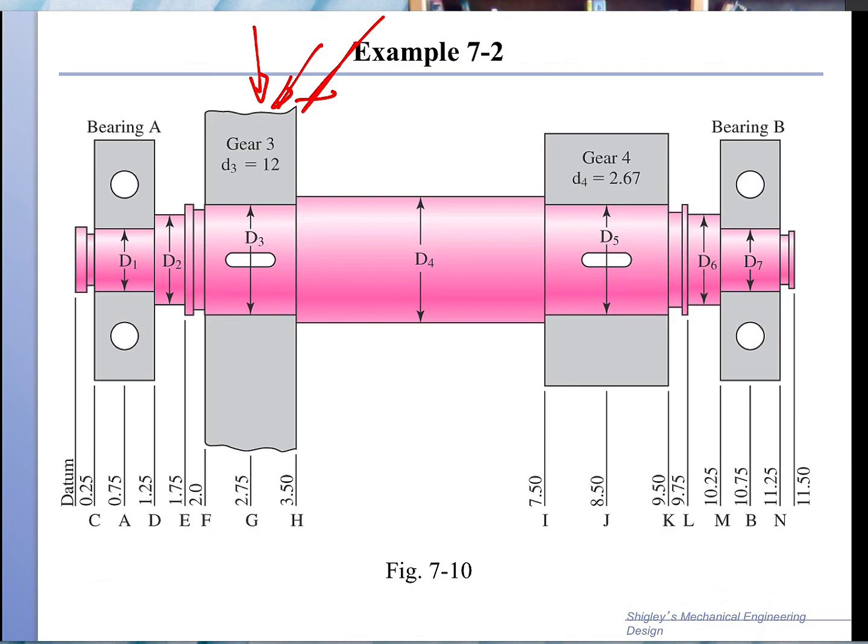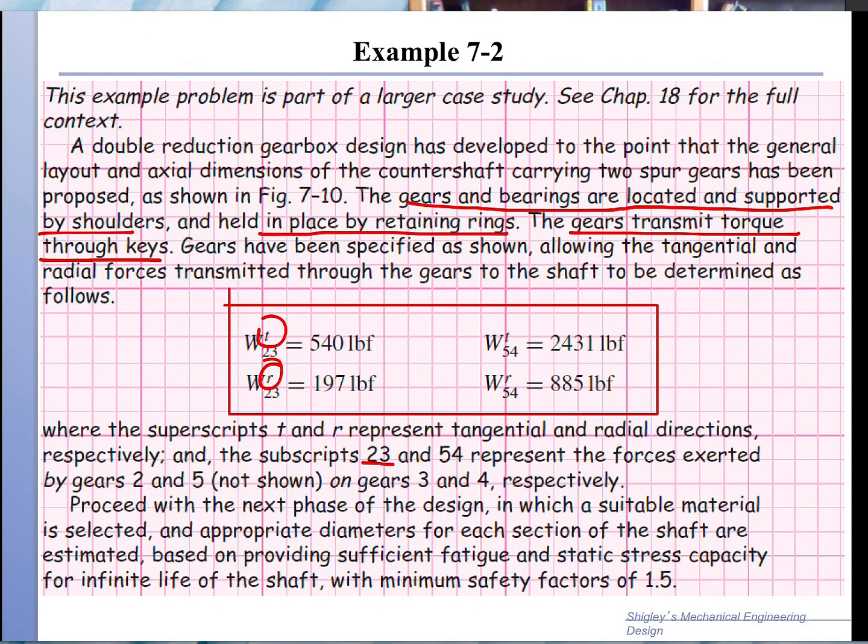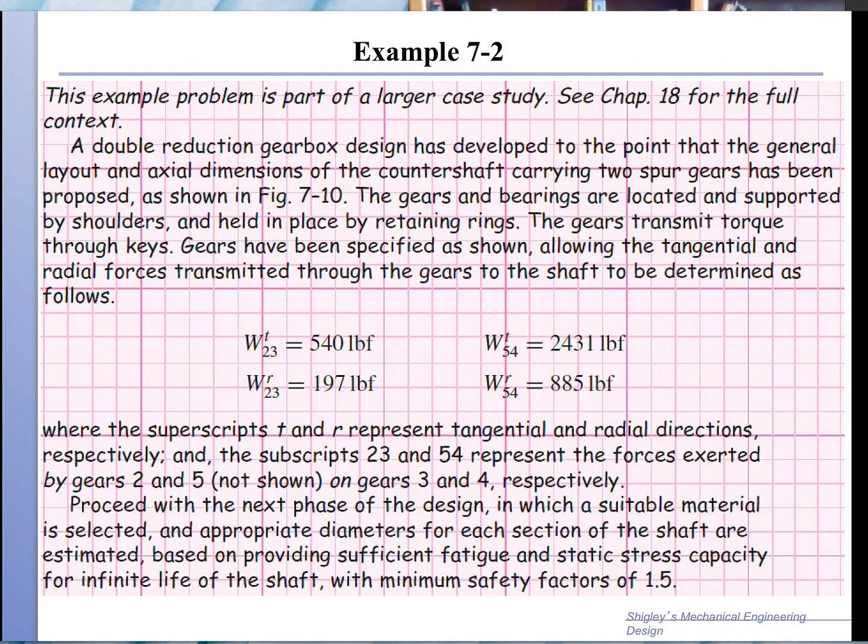Tangential is into or out of the plane of the board, and this information is also given to us. As you can see here, gear 2 transmits 540 pounds in the tangential direction and 197 pounds in the radial direction.